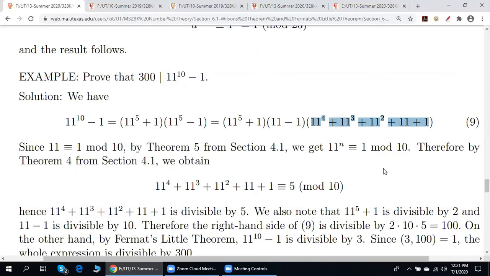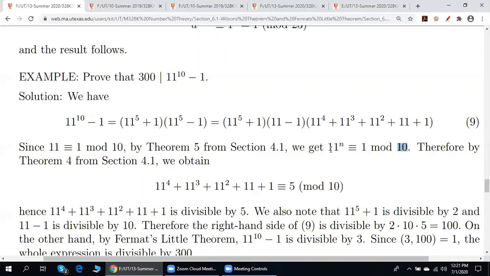Here's another way to prove it. Obviously, 11 is congruent to 1 modulo 10. If we raise both sides to the nth power, we get this. So each of these numbers, according to what is written here, is congruent to 1 modulo 10.